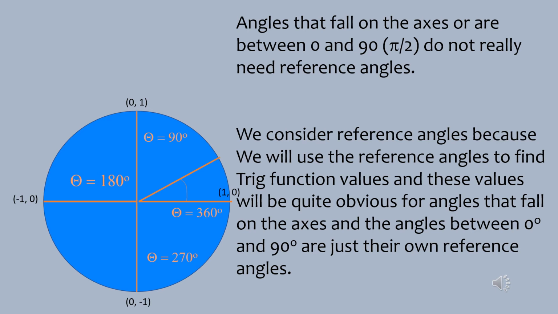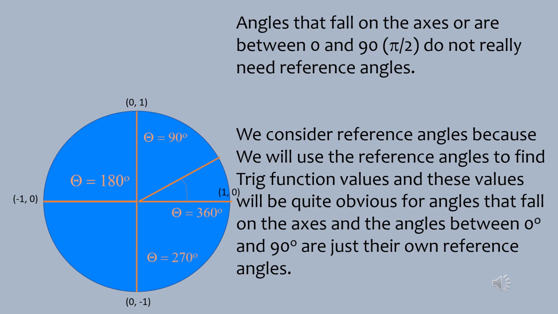For example, if I'm at 90 degrees, the point at the top of this circle, if the circle has a radius of 1, is 0 for x, 1 for y, because I'm on the y-axis, so x is obviously 0, and if the radius of the circle is 1, then the top of the circle has a y-coordinate of 1. I don't really need to do any extra thinking to come up with those two values.